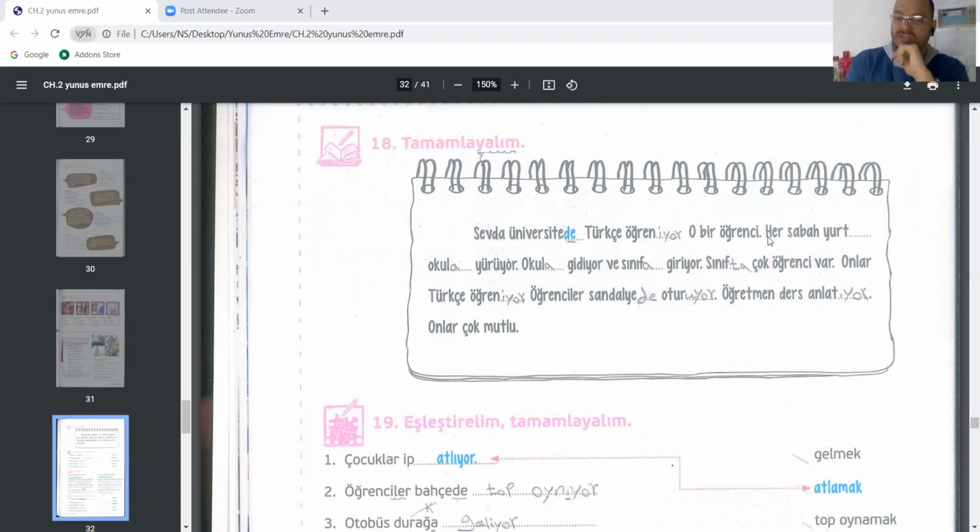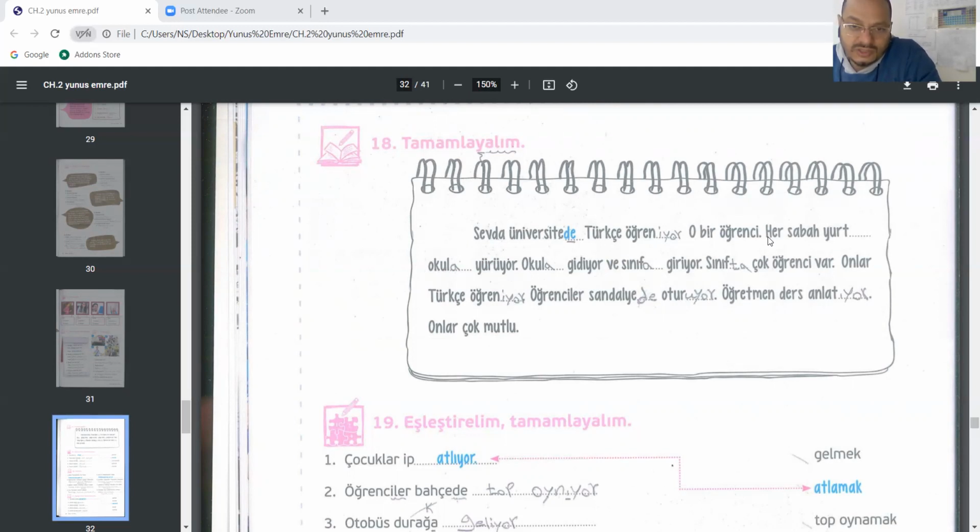Ve sınıfa giriyor and coming to get into the class. Sınıfta çok öğrenci var. At the class, let's say he has too much classmates at the same class.